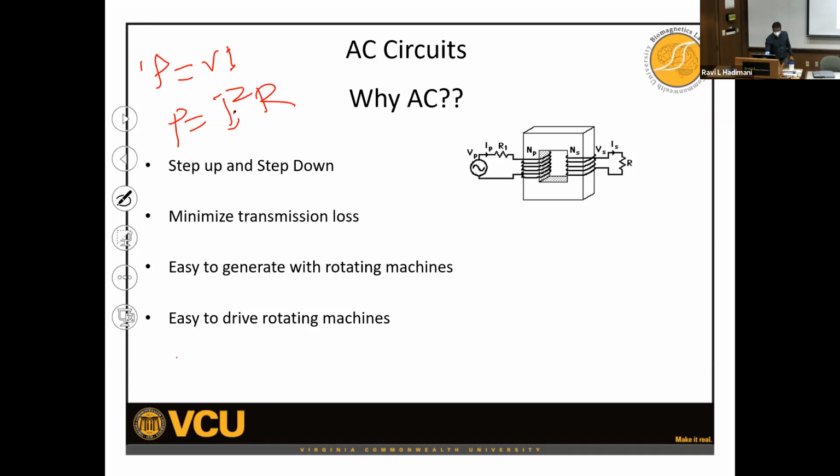If the current becomes less, then the power loss in the transmission lines will become low. So that means you can reduce the power loss if you can step up the voltage. So that's why AC is preferable, because you can step up and step down the power.